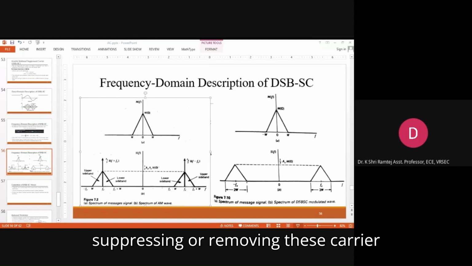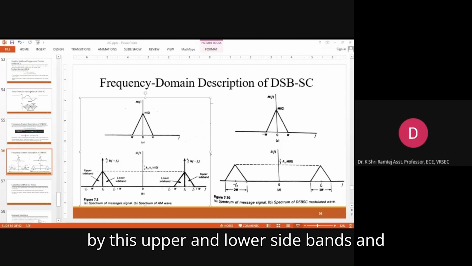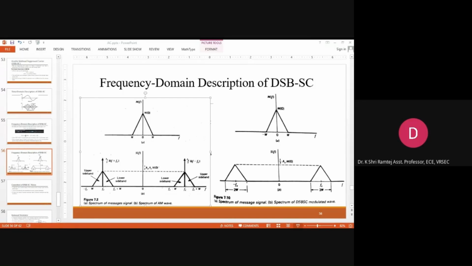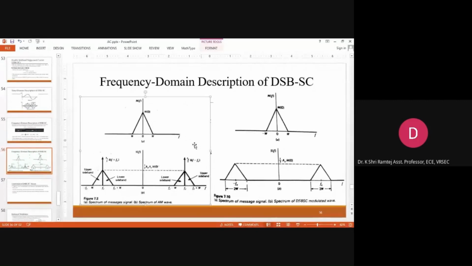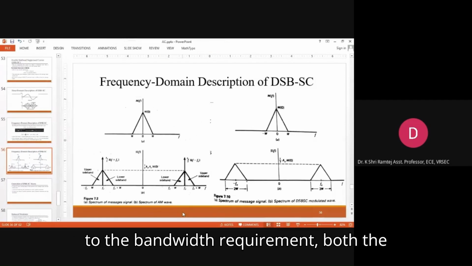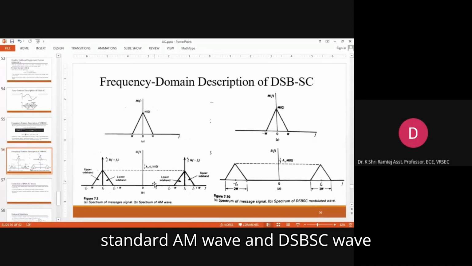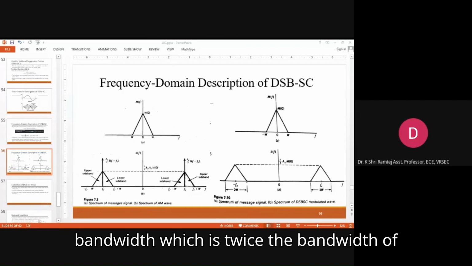When we suppress or remove these carrier components, the total power can be used by the upper and lower sidebands, and transmission efficiency can be improved when we are using DSB-SC. But when it comes to the bandwidth requirement, both the standard AM wave and the DSB-SC wave require a bandwidth of 2W, which is twice the bandwidth of the message signal.